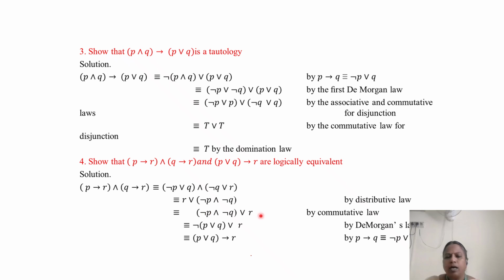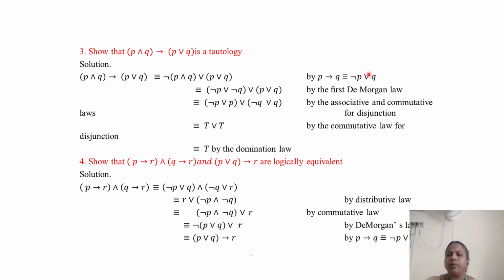Then we use the commutative law, negation P and negation Q, R. Again we apply De Morgan's law for the negation P and negation Q, so we get negation of P or Q, R.